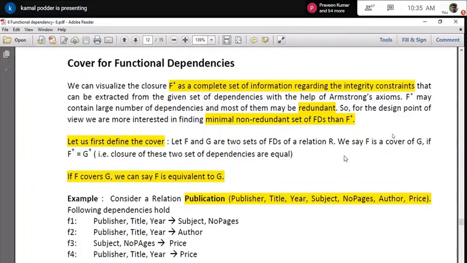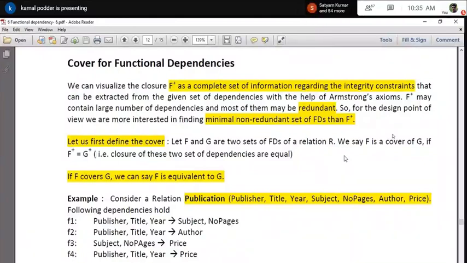But F plus may contain a large number of dependencies. Sometimes when you are creating F plus from a set of dependencies, it can be huge. I have already given an example for simply 3 attributes. If you find all combinations of functional dependencies, you get almost 35 or 45. So it can be huge, but most of them may be redundant.